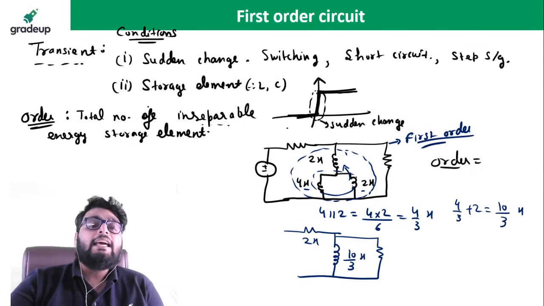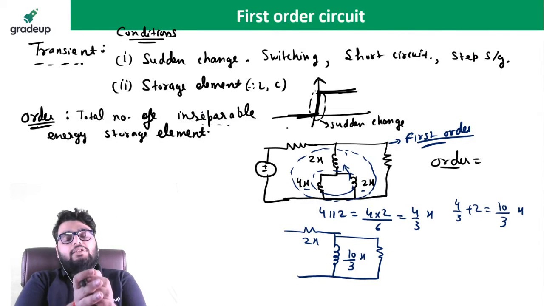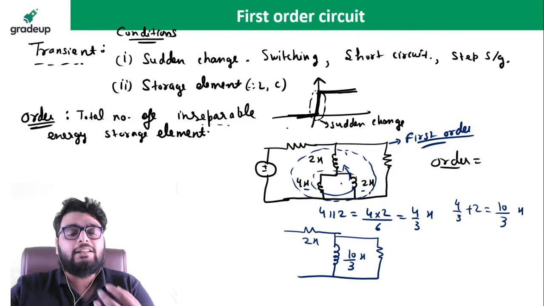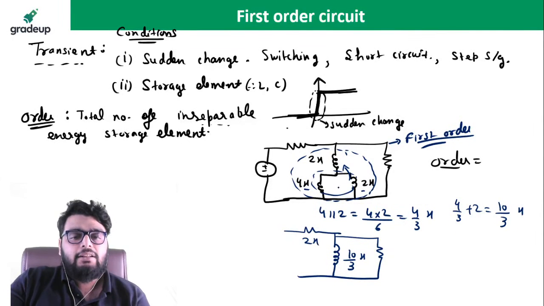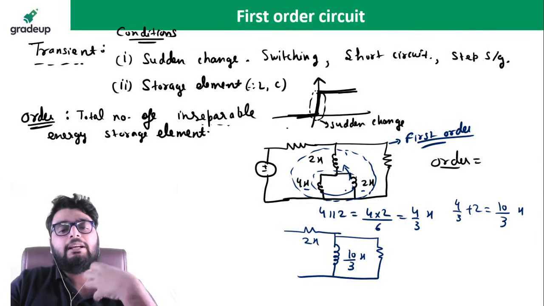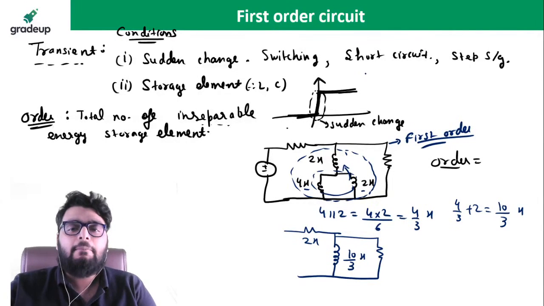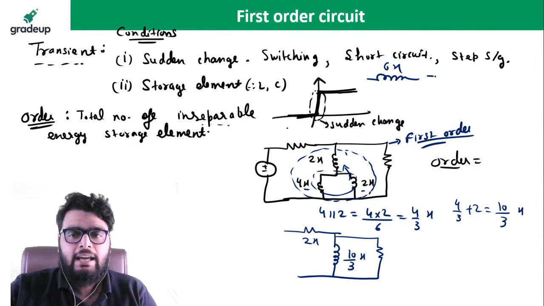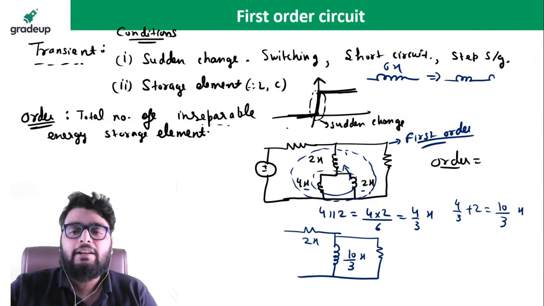Remember this point. Inseparable means that you cannot separate them. So you can see, I can combine these 3 inductors together, and it becomes 10 by 3 Henry. For example, if I have a 6 Henry inductor and I represent it like this, as 4 Henry and 2 Henry, it doesn't mean these are 2 inductors.